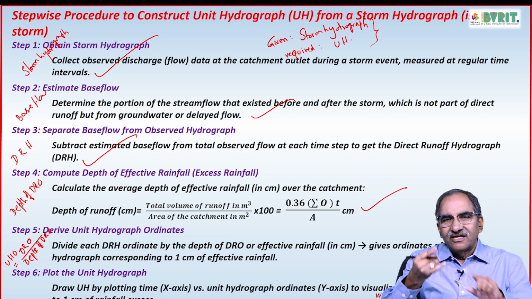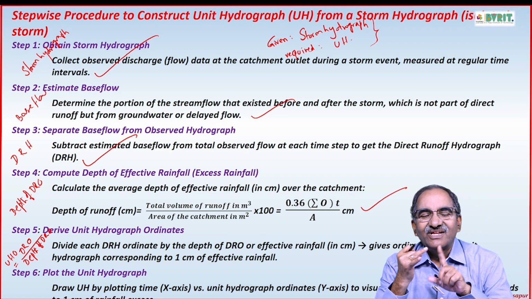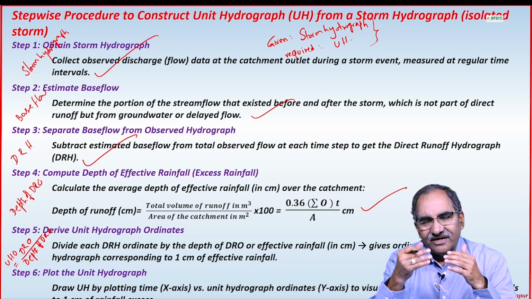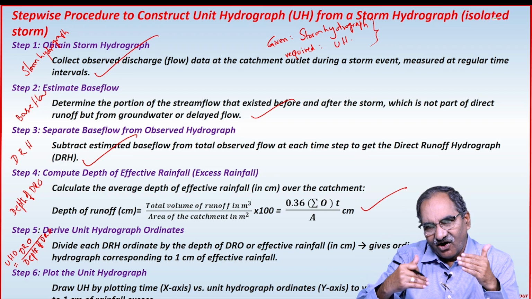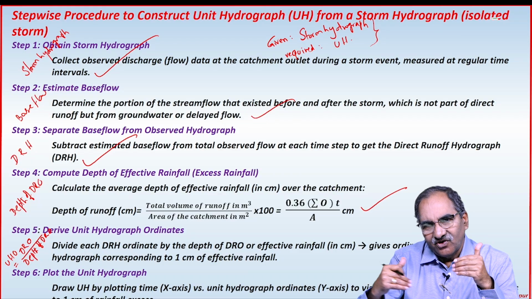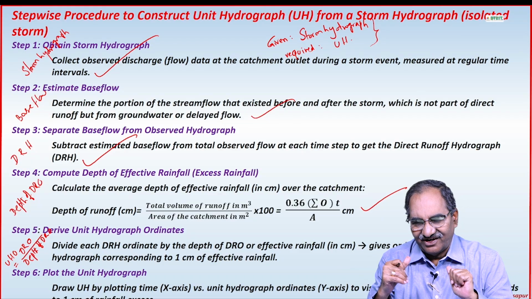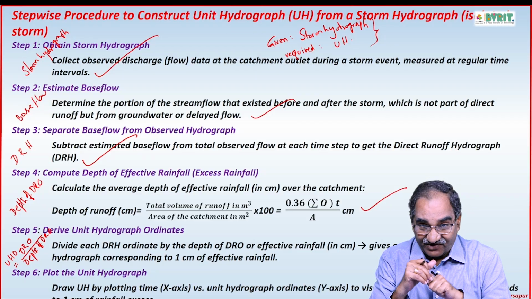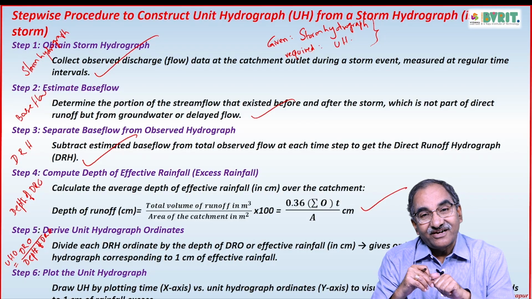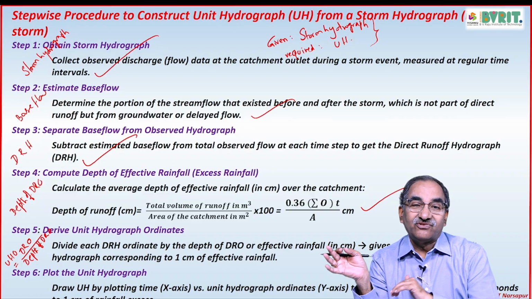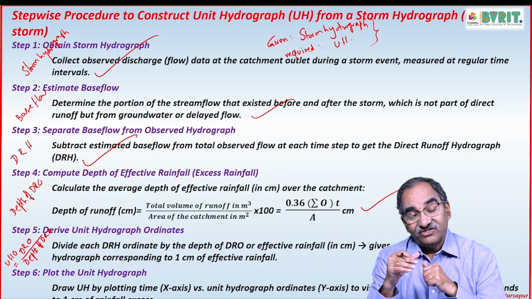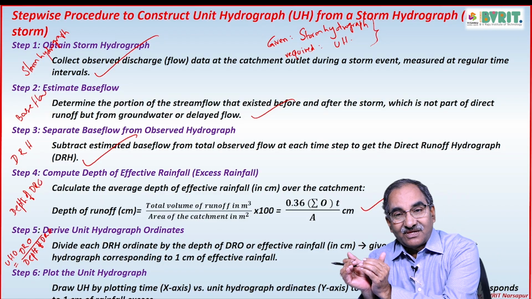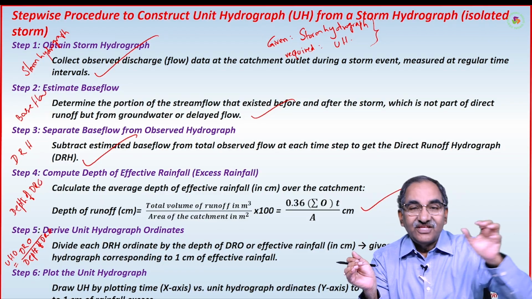Any difficulty in this? Given is the storm hydrograph. Next, separate the base flow. Then storm hydrograph ordinates minus base flow is equal to direct runoff ordinates. Once you obtain direct runoff ordinates, find the depth of direct runoff: 0.36 into sigma O into T divided by A. For so much depth of runoff, this is the ordinate.